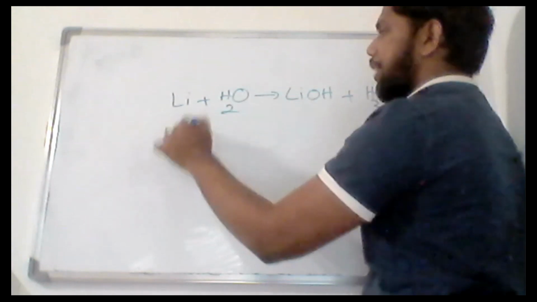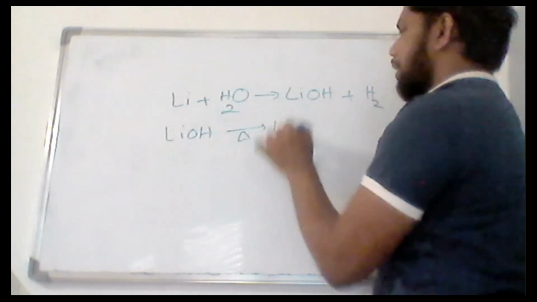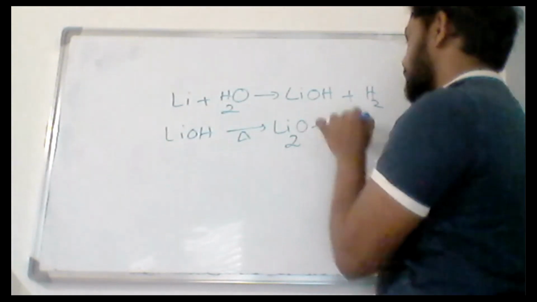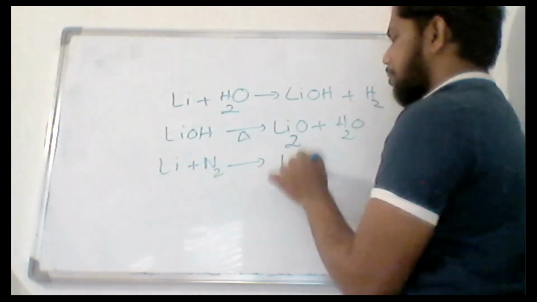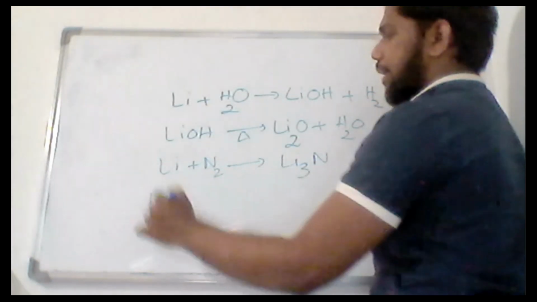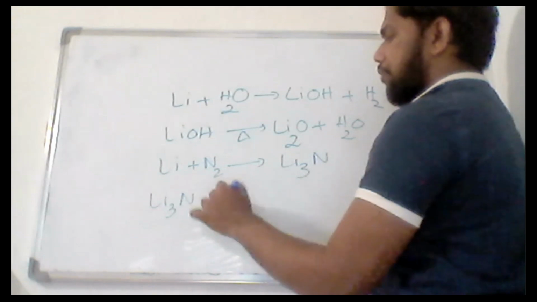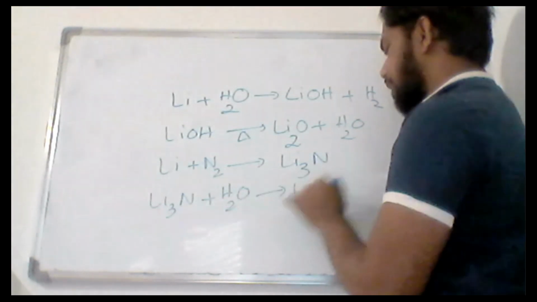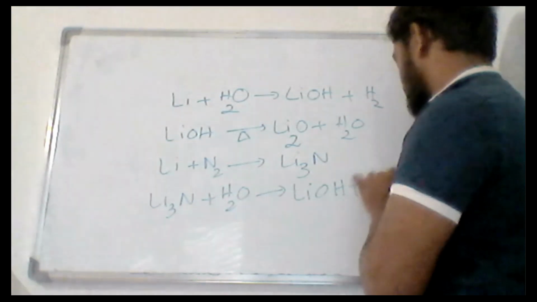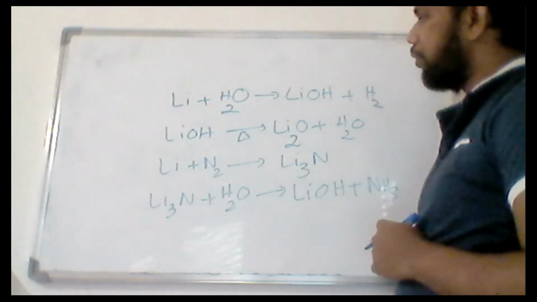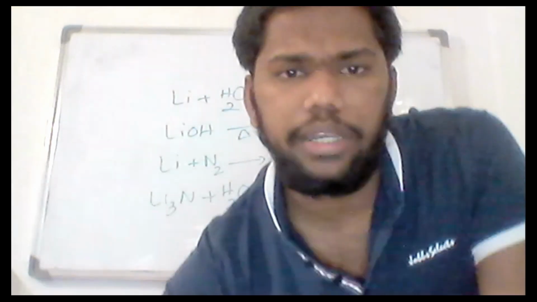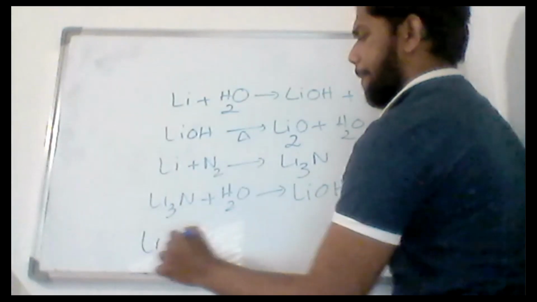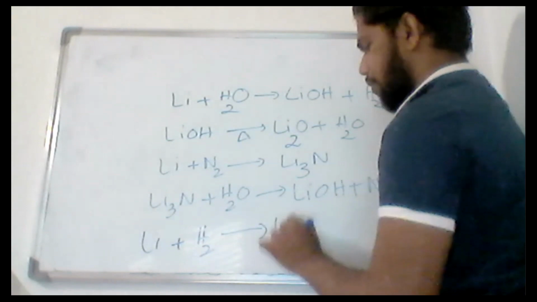The second one is you heat LiOH to give Li2O plus water. Then lithium plus nitrogen forms Li3N. Then Li3N with water again forms LiOH plus ammonia. So there are 1, 2, 3, 4. What is the other one they have asked? Yes, it is lithium with hydrogen, which forms LiH.